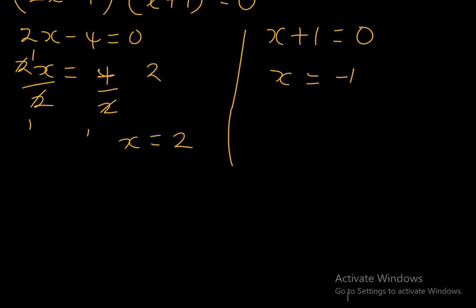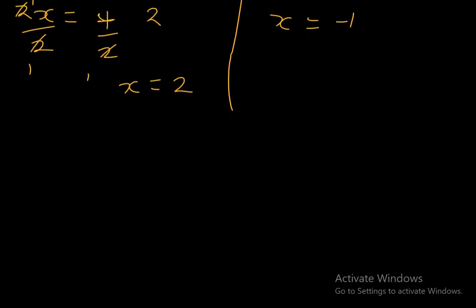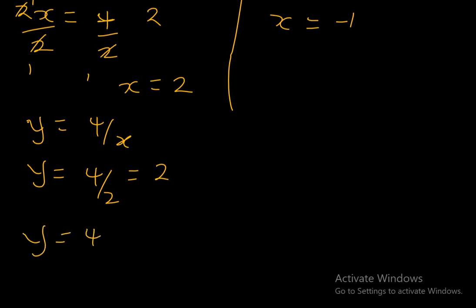Now, we have two values of x. We need to find the corresponding values of y for each of them. From the third equation, we said that y is 4 over x. So if x is 2, y will simply be 4 divided by 2, which is 2. Again, y is 4 over x, so when x is minus 1, y will be 4 divided by minus 1, which is minus 4.